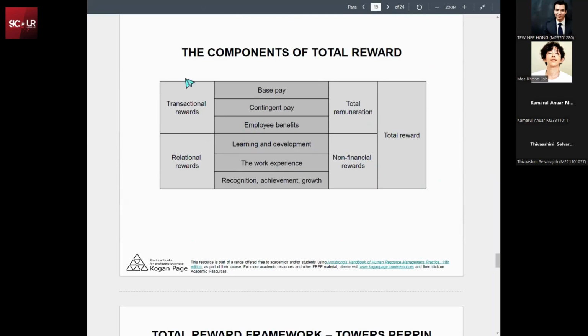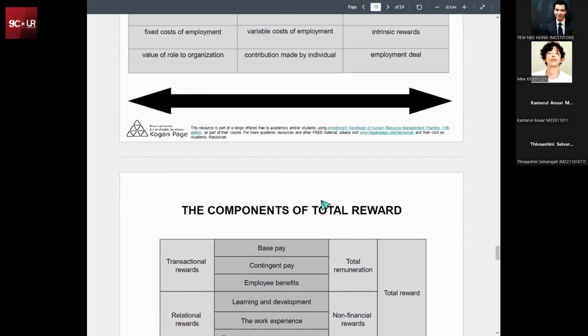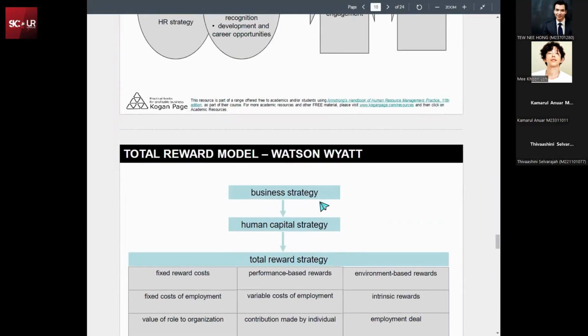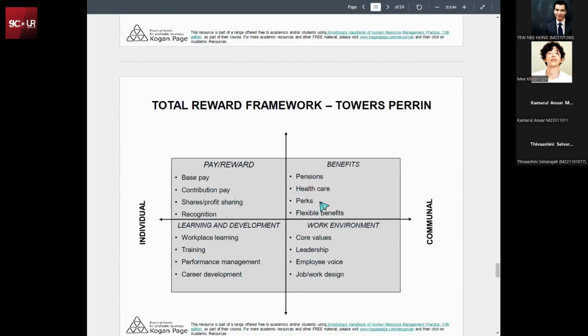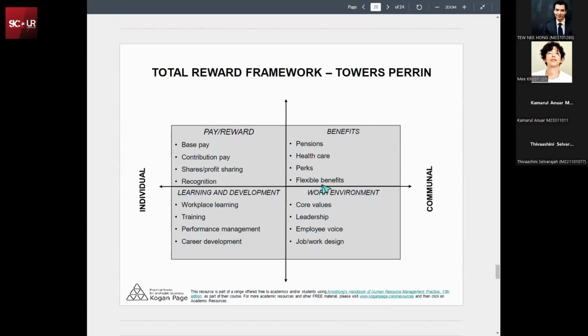Okay. From this component, from your understanding of the models, you can use what kind of framework. The framework is the structure of the total reward that you want to apply. Either you want to focus by using the Towers Perrin framework, or you want to focus more on individualistic, or not individual, a team.